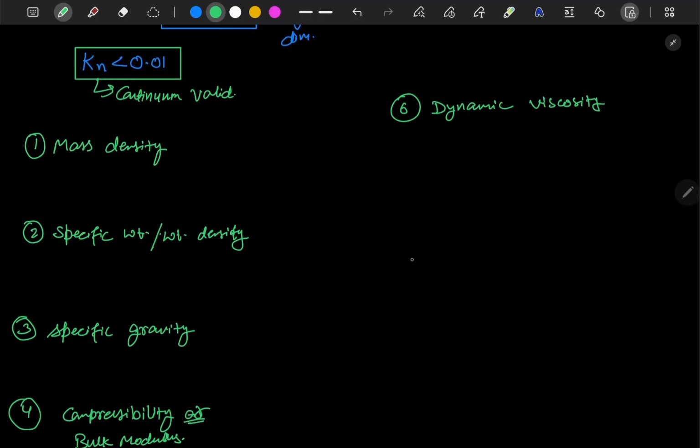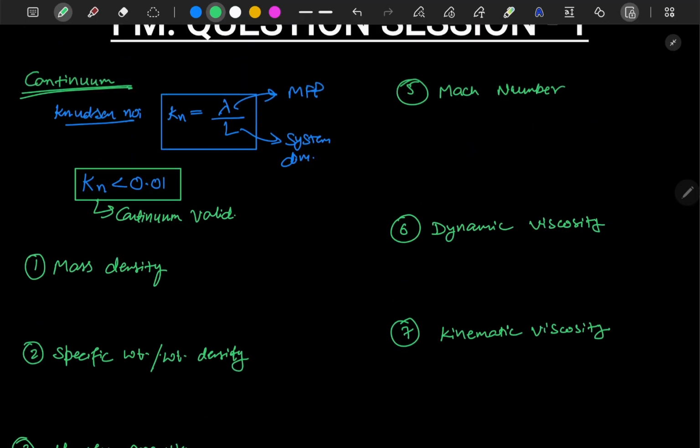Seventh is your kinematic viscosity. So let's start with this.